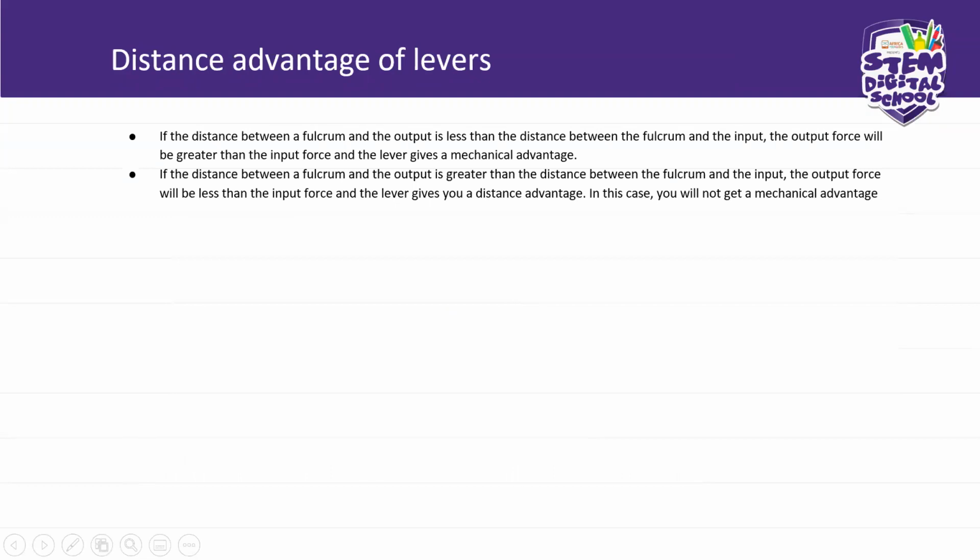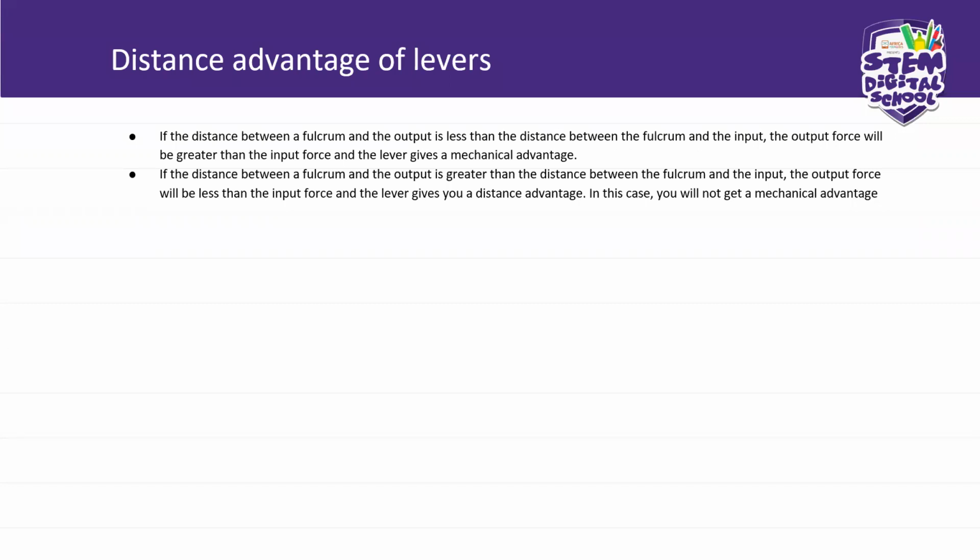Distance advantage of levers. If the distance between the fulcrum and the output is less than the distance between the fulcrum and the input, the output force will be greater than the input force, and the lever gives a mechanical advantage. So when do we get a mechanical advantage? We get mechanical advantage if the distance between the fulcrum and the output is less than the distance between the fulcrum and the input.